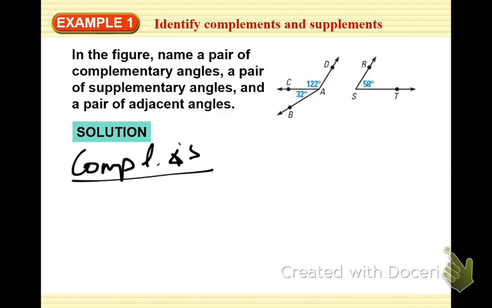Couple of complementary angles. Who's got them? Yeah, what you got? Angle ABC and angle RST.